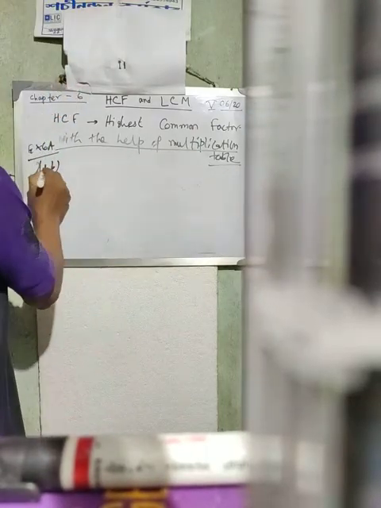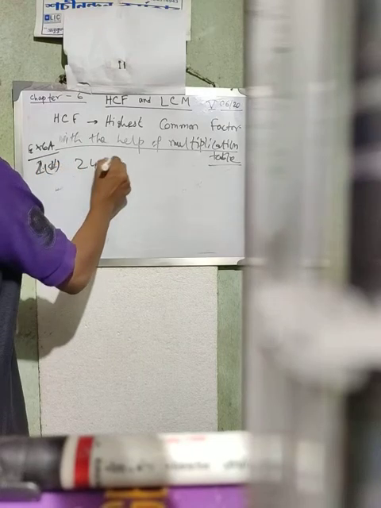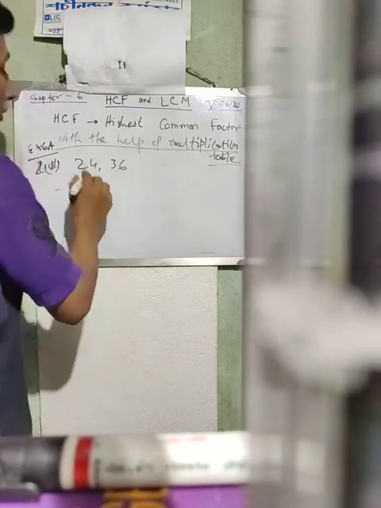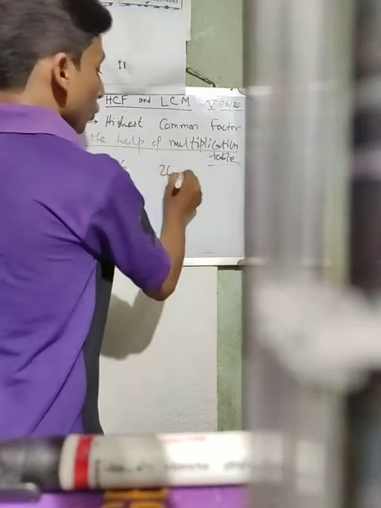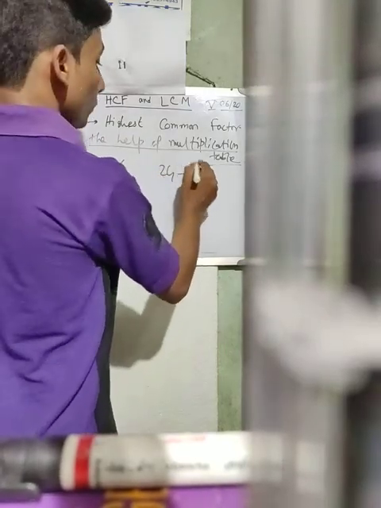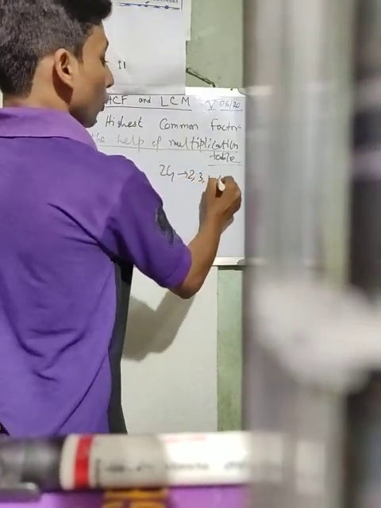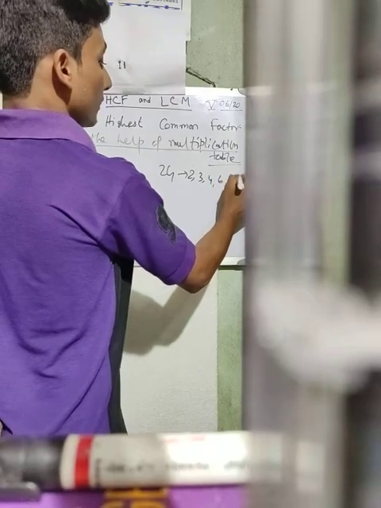Another example. Suppose 24 and 36. Now you see 24 and 36. 24 belongs to which multiplication table? 2, 3, 4, 6, 8, 12.